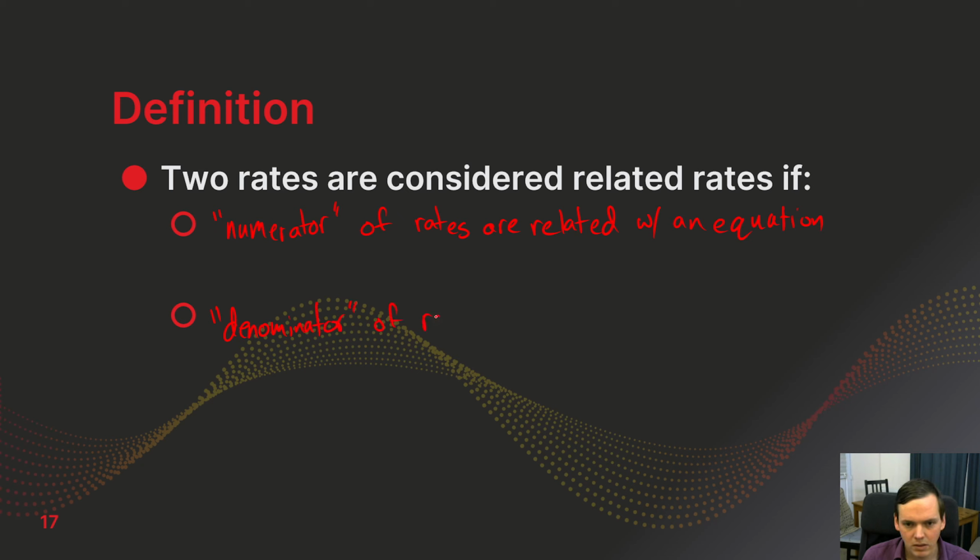In other words, if you have two quantities that are related, like for example the radius of a circle and its area, and you take the derivative of both of those quantities with respect to the same thing, for example time, those are related rates.